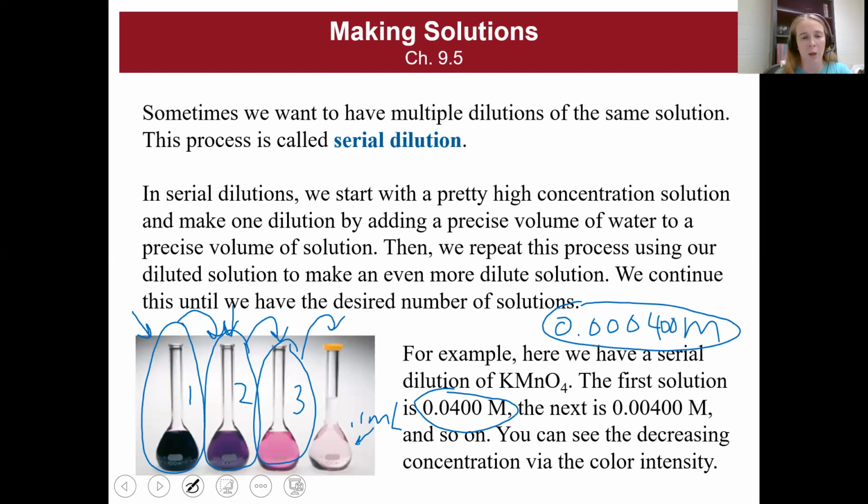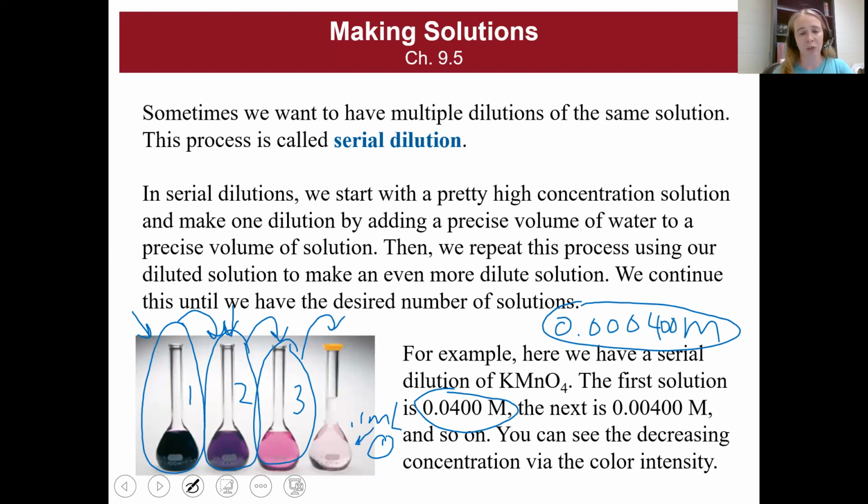So it is 1/1,000th of the concentration of what we started with. We add a 0 every time because we're diluting 10 mils to 100 mils every time.